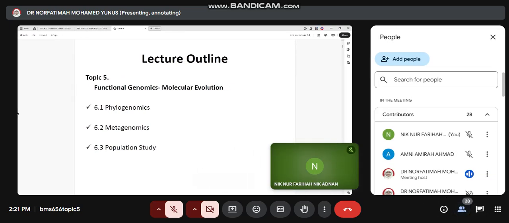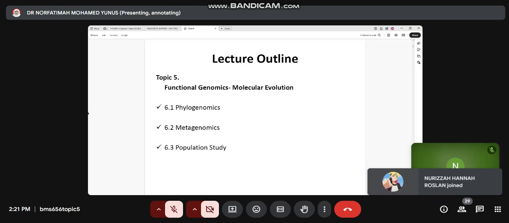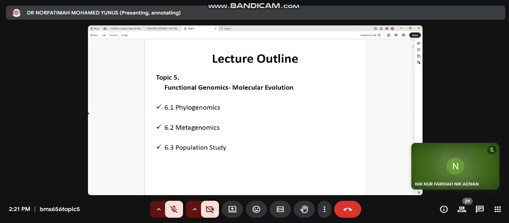Okay, so this will be the last application of the functional genomics class. I think some of this topic will be redundant with your bioinformatics class, but it is important for you to know this is a part of functional genomics. Why we do sequencing is basically because we want to do comparative genomics, like what we discussed last class.